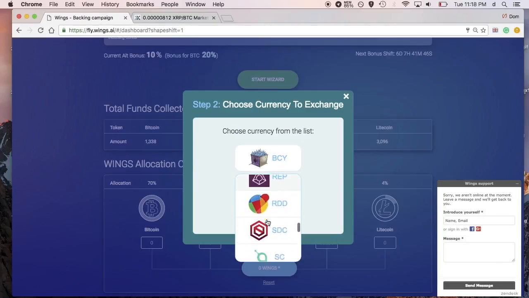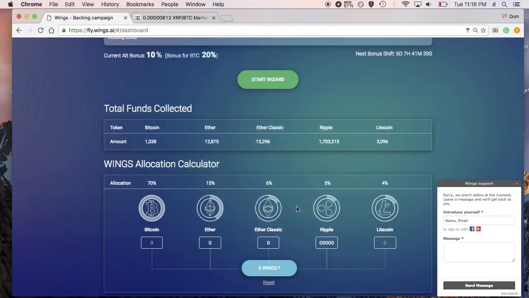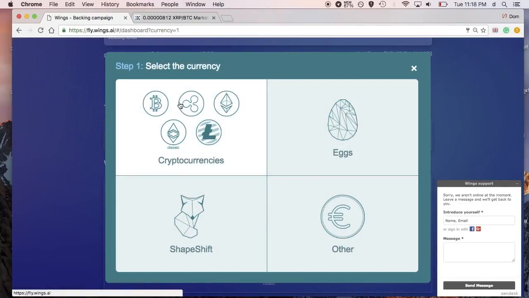So for now, if you have, for example, Storj, and you want to take advantage of the underfunding in Ripple or Ether Classic, what you really should do is go to your exchange or to a company like Changelly, for example, or Shapeshift, and do it there, and then make a donation deposit through one of these 5 right here after you've changed over the coin. So I hope that that helps.